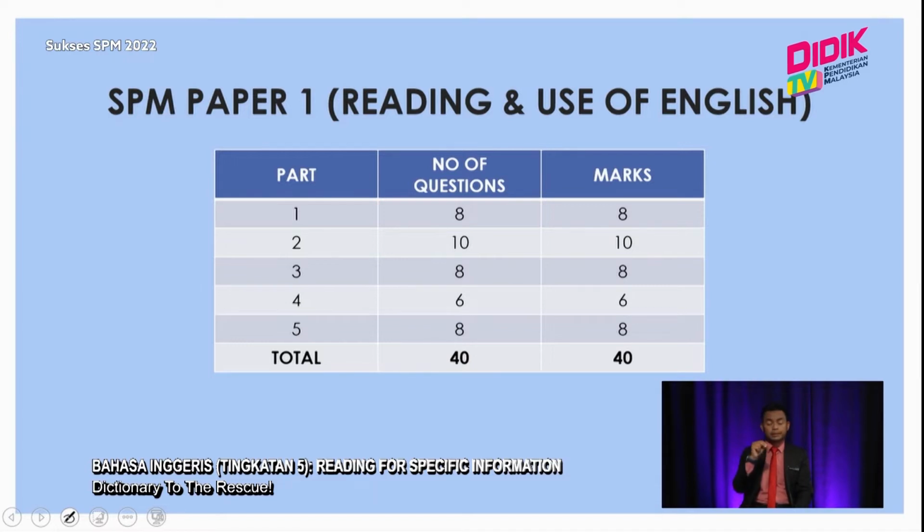For part 3, there's a total of 8 questions and 8 marks as well. Meanwhile, for part 4, we have 6 questions and 6 marks. And finally, we have part 5, 8 questions, 8 marks. So that brings up a total of 40 questions for paper 1 and a total of 40 marks for paper 1.